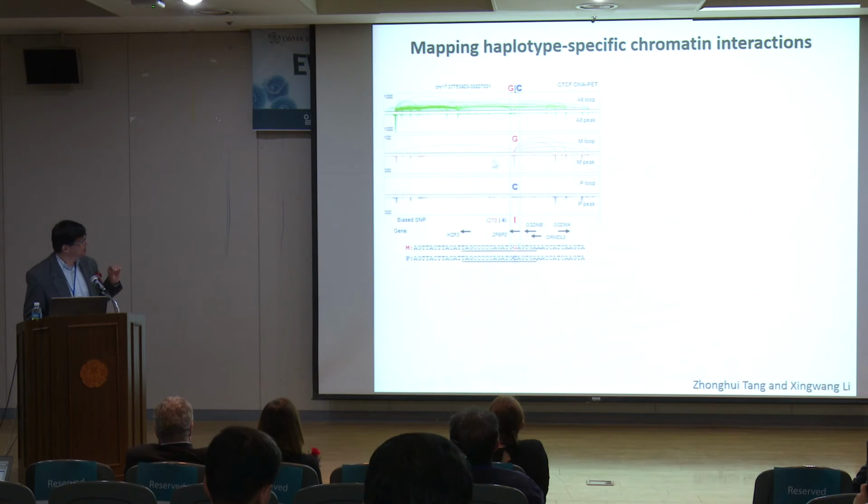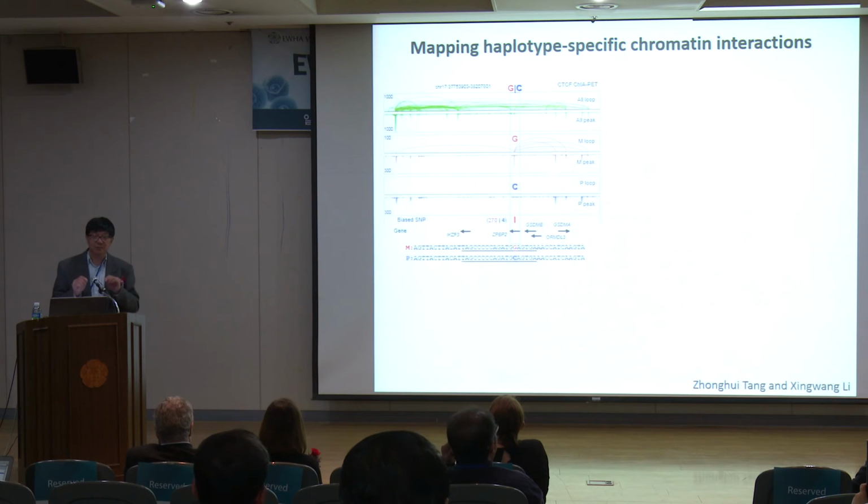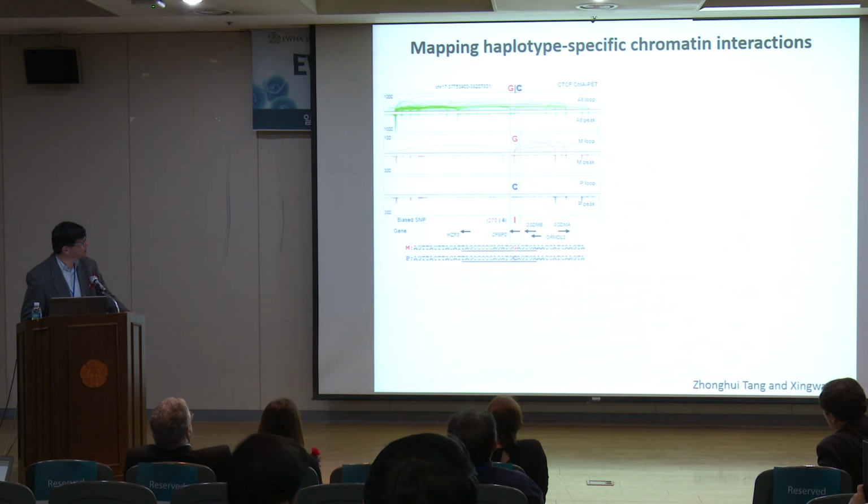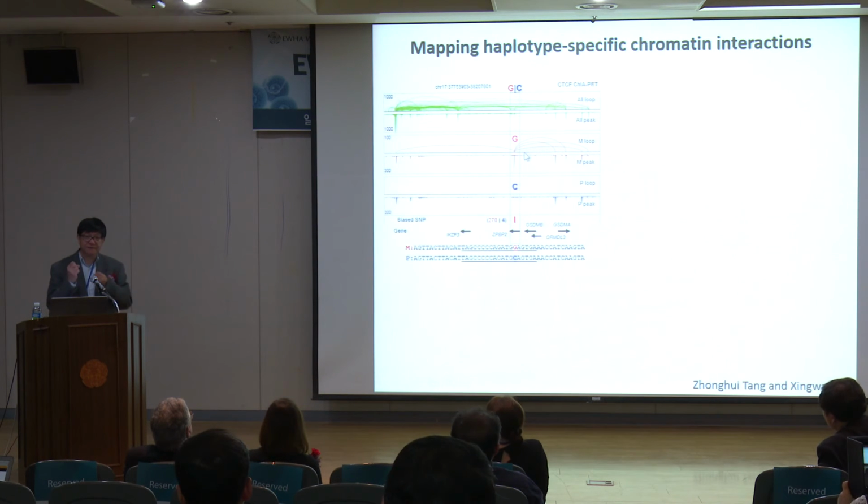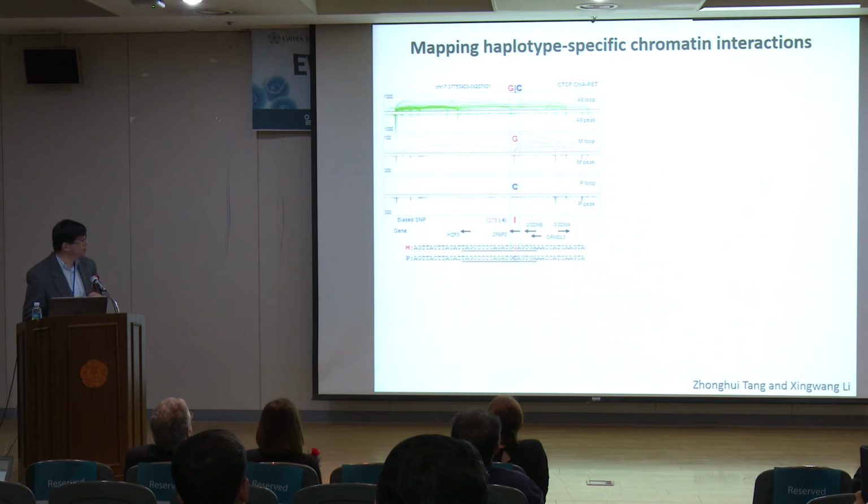Because this ChIA-PET mapping is at single nucleotide resolution, we can see that the mother copy has very strong CTCF binding, while the father copy has almost none, just the background CTCF signal.